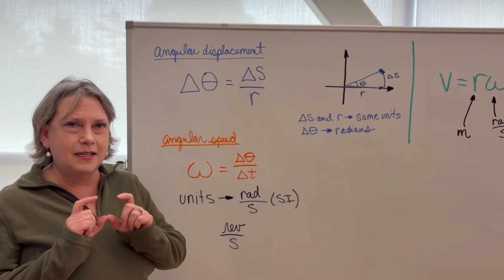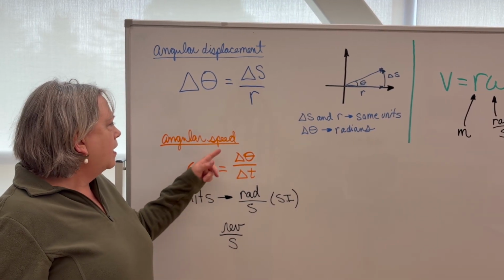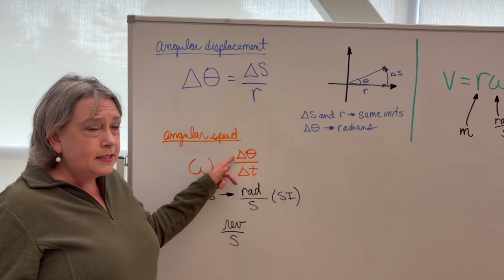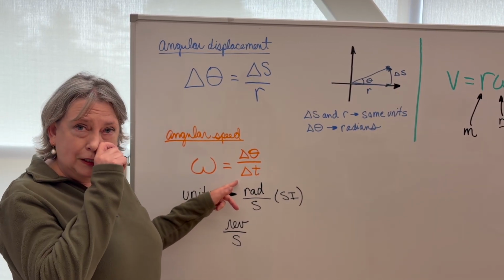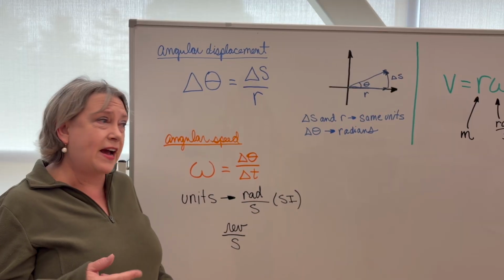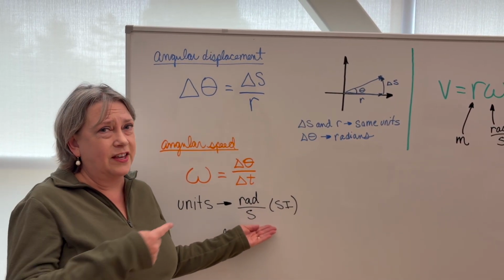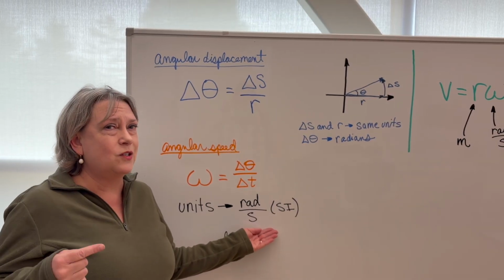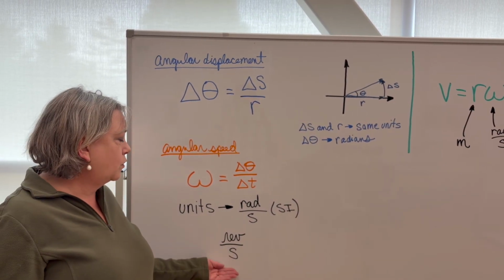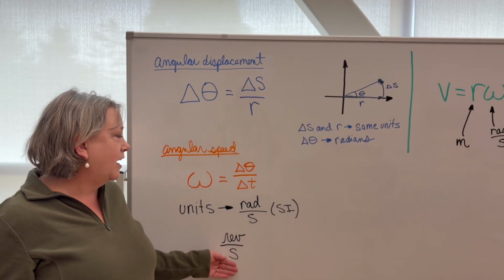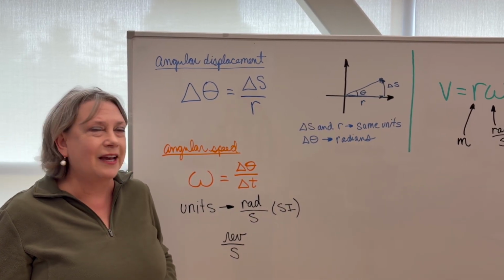Lowercase, it is not a W. The angular speed is the angular displacement divided by the change in time. So this is going to tell us how fast something's going. The SI unit for this is radians per second. But sometimes we'll see revolutions per second, and I'll show you how to get those into radians per second later.